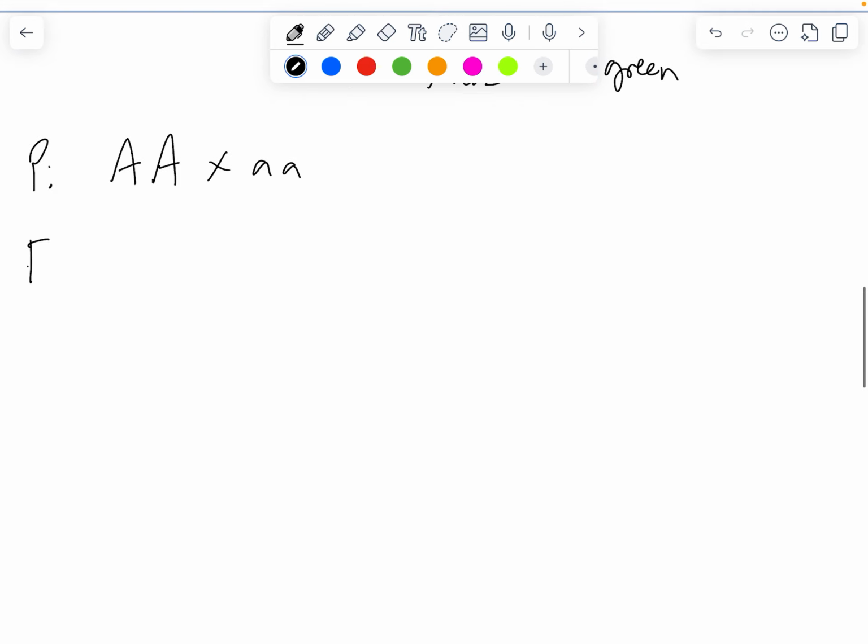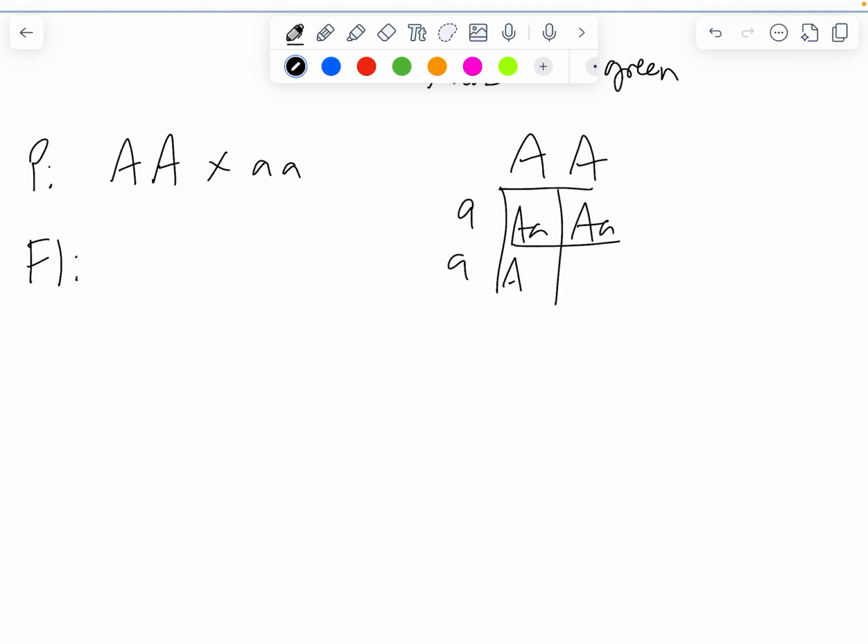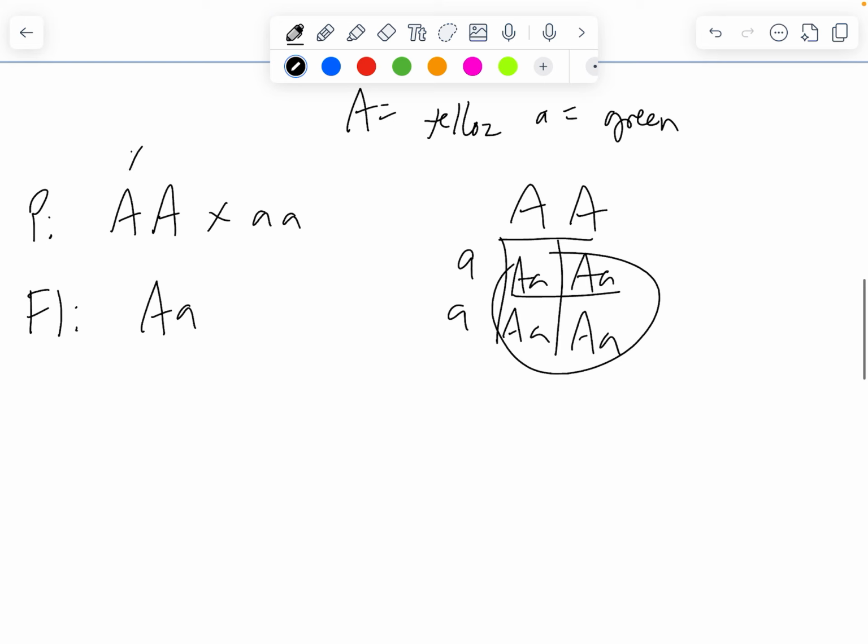And my F1, so I'll do my Punnett square, but the results should be obvious. All of my offspring are heterozygous. And so let's say I'm going to write these down. So this is a yellow individual, and this is green, and this would be yellow.